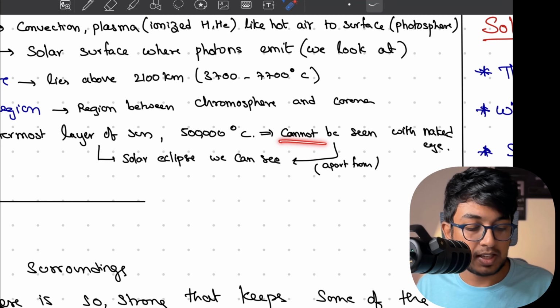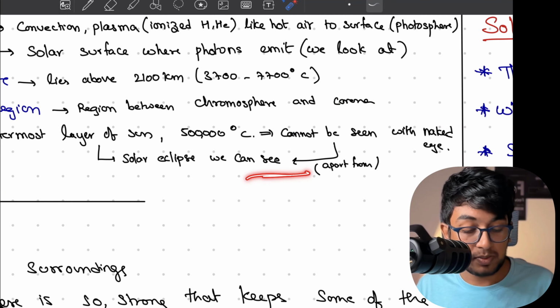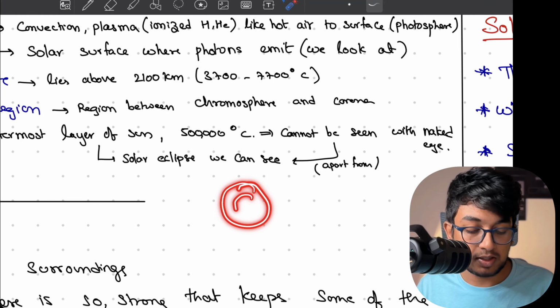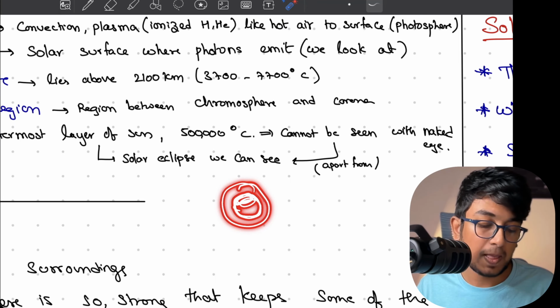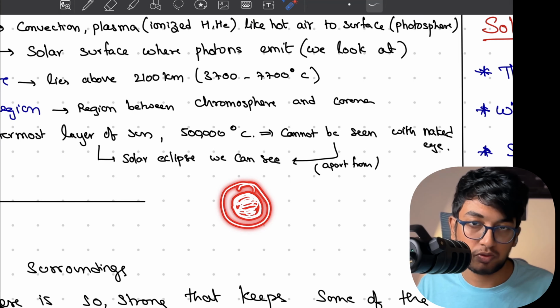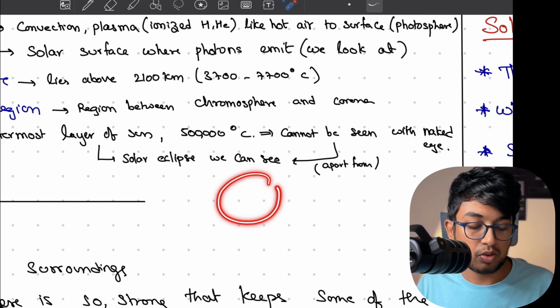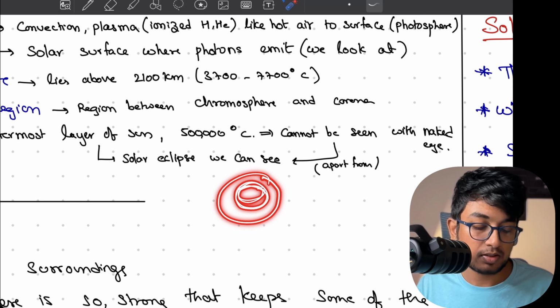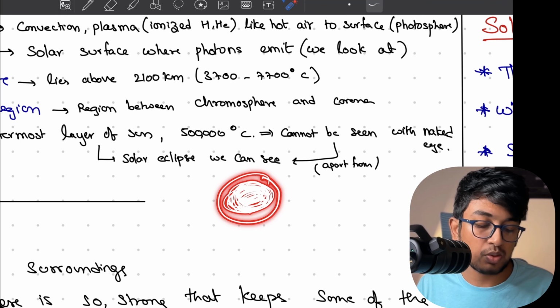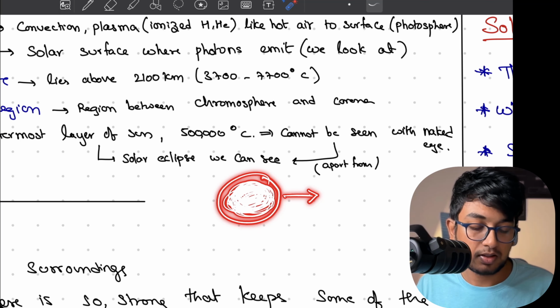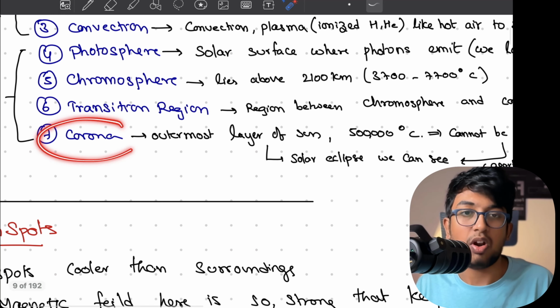This cannot be seen with the naked eye, but in a solar eclipse, when the sun is covered by the moon, the moon covers it, so the outer part, whatever you see, this part is basically our outermost part, which is the corona.